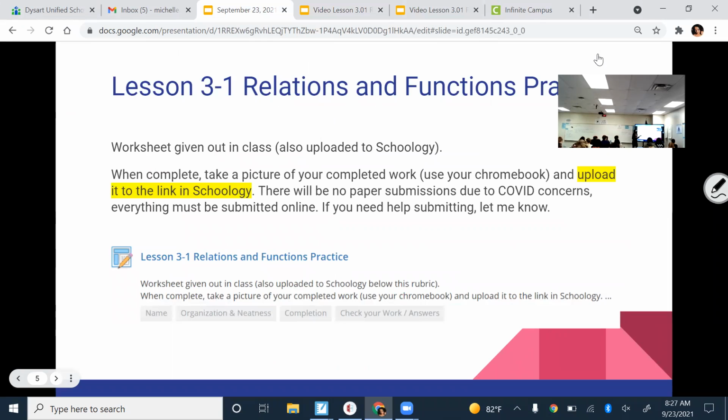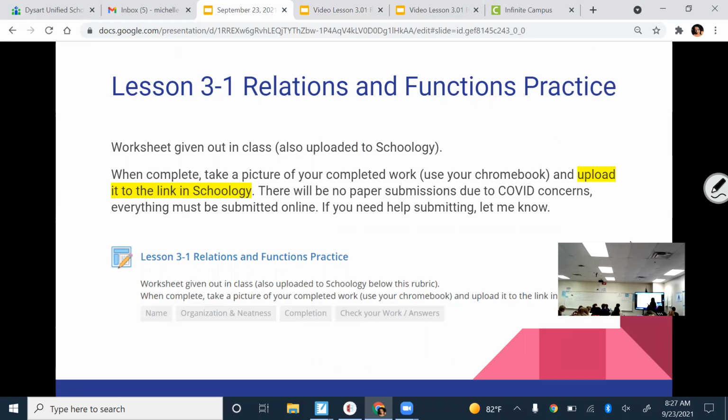Here is me talking about the practice every day, so don't say I never talk about it. It is going to be uploaded to Schoology. You have a paper that says practice on it. That's the one that's your homework, not the notes. The notes aren't what I want you to upload. I want you to upload the one that says practice.